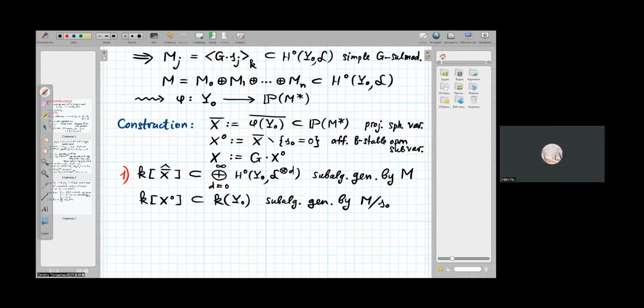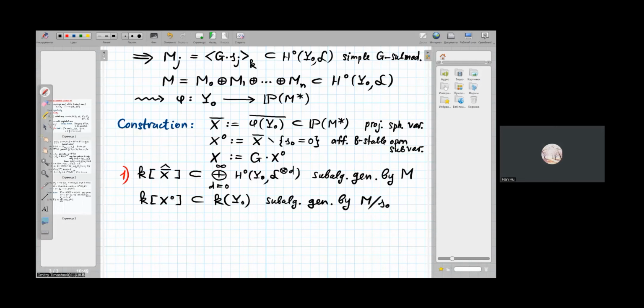So when we consider this affine chart given by removing the hyperplane section, the vanishing locus of S naught, on this affine chart the affine coordinates are obtained from projective coordinates, that is basis elements of M, by dividing over S naught. And the subalgebra generated by these functions is exactly the coordinate algebra of X naught.